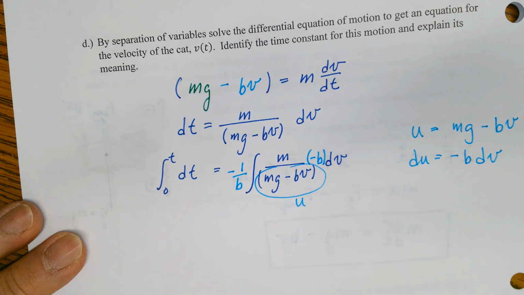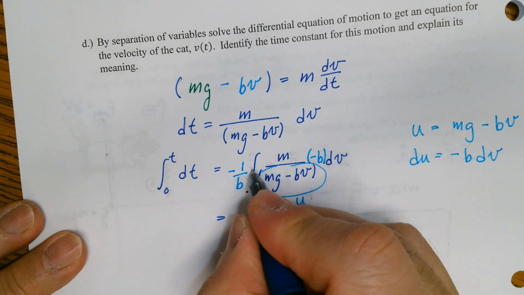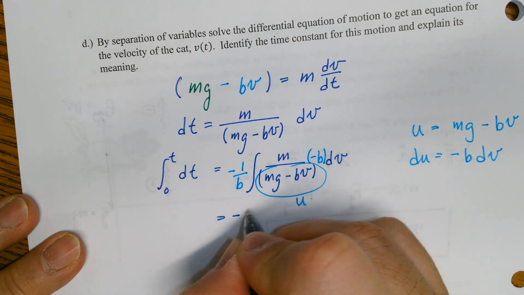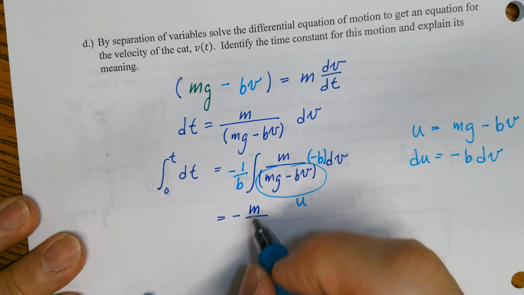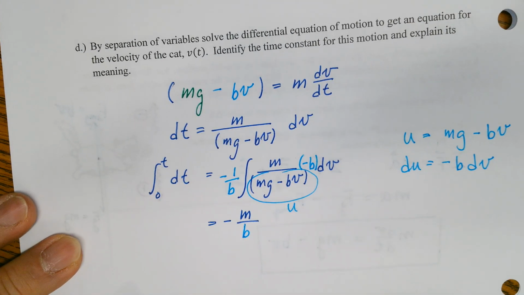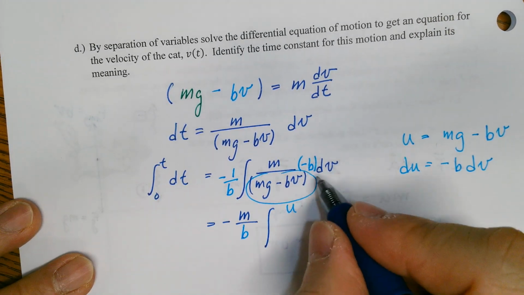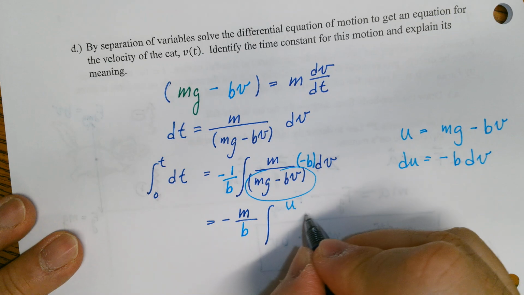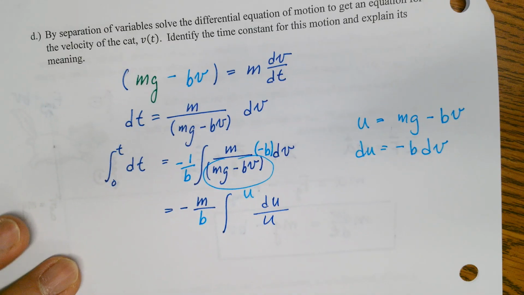If I factor out this m, I get negative m over b times the integral of du over u.